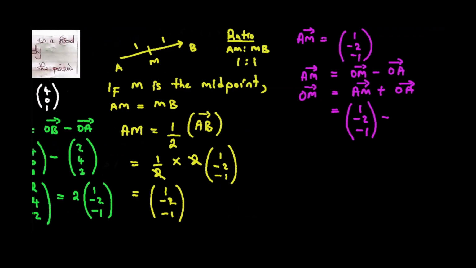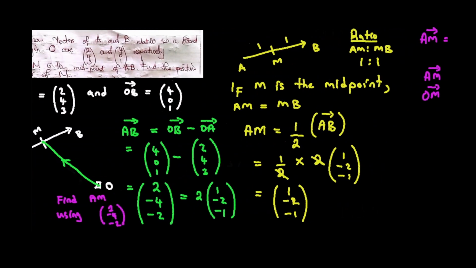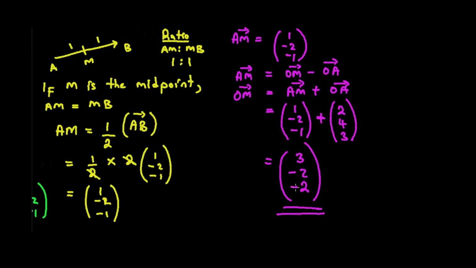What about OA? Going back to the original question, we see that OA is (2, 4, 3). So here it's adding, sorry, (2, 4, 3), like this. So this then becomes equal to 1 plus 2 is 3, minus 2 plus 4 is 2, minus 1 plus 3 is 2. So our answer is (3, 2, 2), the value of OM.